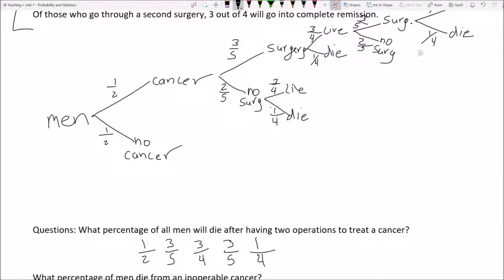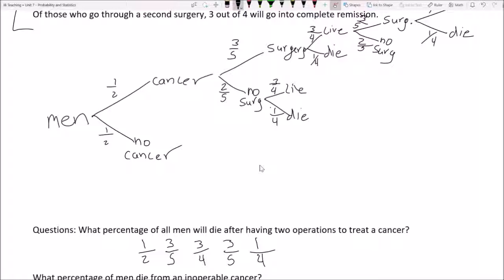What we end up doing is we figure out where on the tree is that, and then we multiply all of the probabilities that represent the sequence of events that lead to that location. So I'm going to take a minute and type that in. So it looks like the numerator is 3 times 3 times 3, which is 27. We're going to divide that by the product of the numbers in the denominator, so divided by the product 2 times 5 times 4 times 5 times 4.